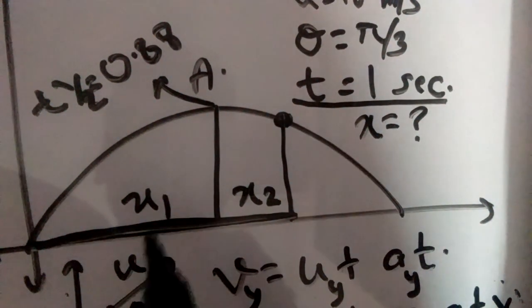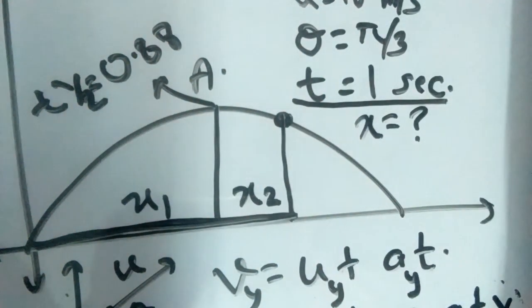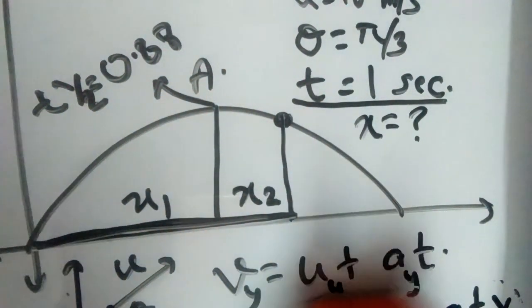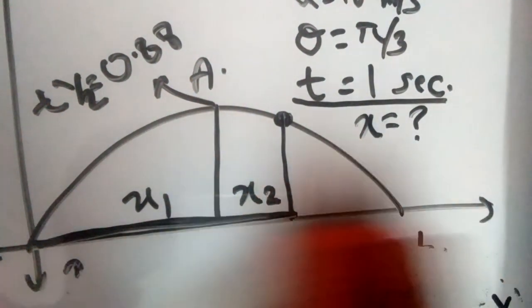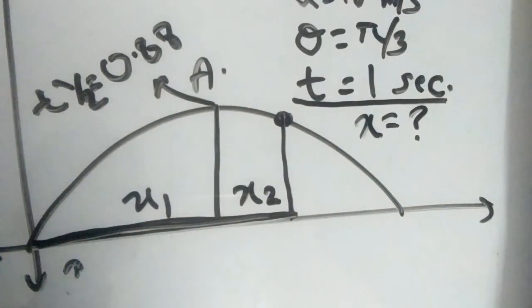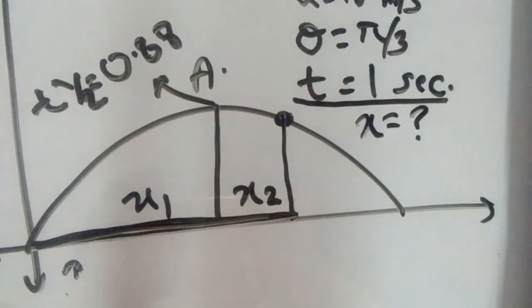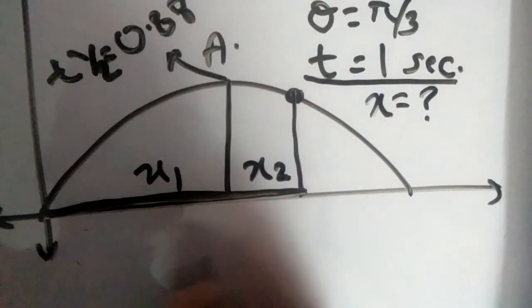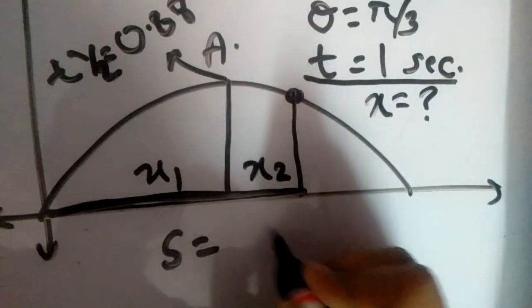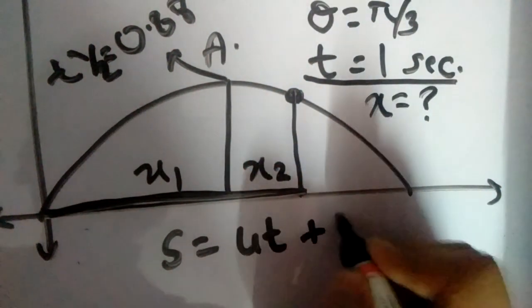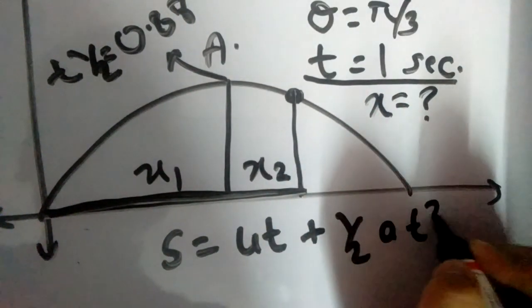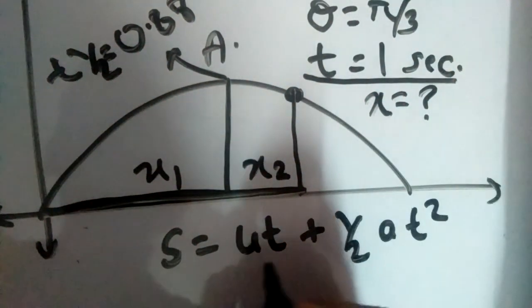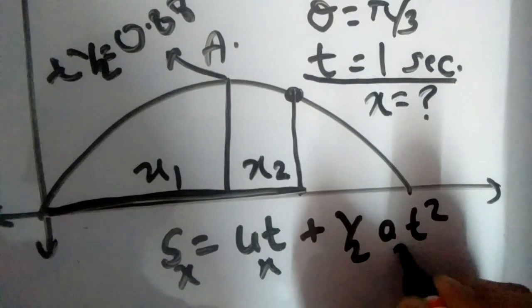So let's start. First we will calculate x1. To find x1, I will write the formula s equal to ut plus half at square, and now we want the horizontal component, so x and x.